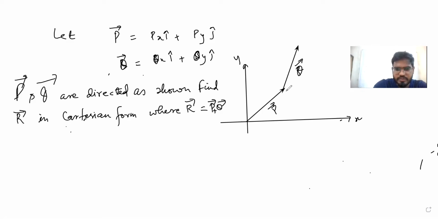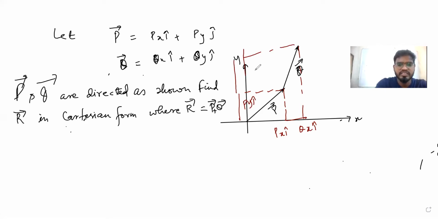If you see this is p, so in the x-axis we can say px i cap. Then this distance we can say is qx i cap. And this we can say is py j cap, and then this distance is qy j cap.